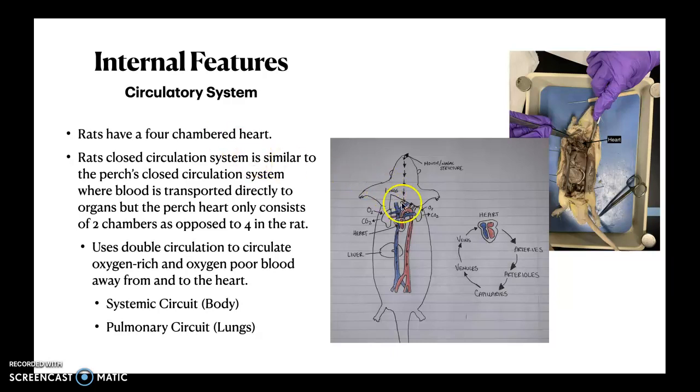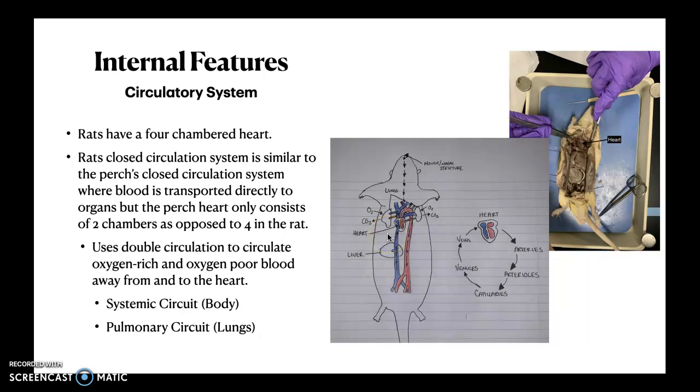And so rats utilize something called double circulation because they have that 4-chamber heart, and they basically use that double circulation to circulate oxygen-rich blood and oxygen-poor blood away from and to the heart.